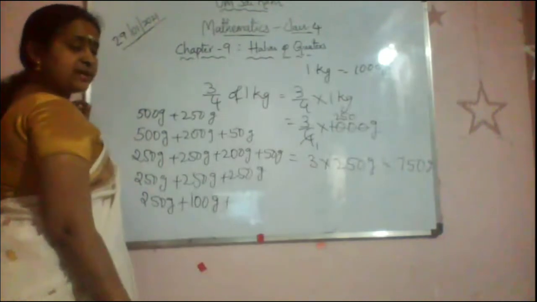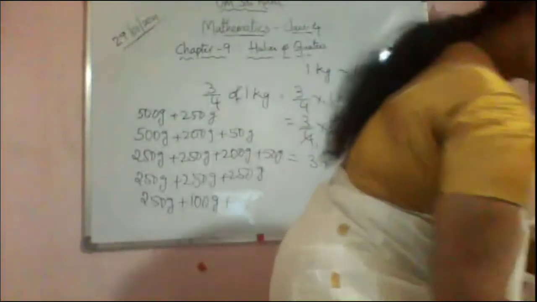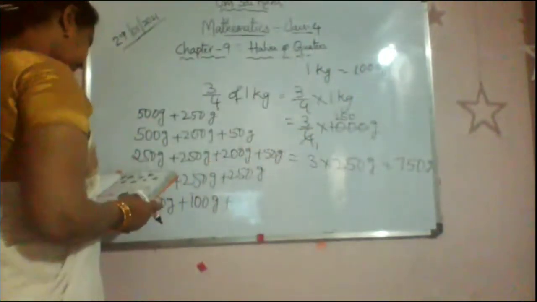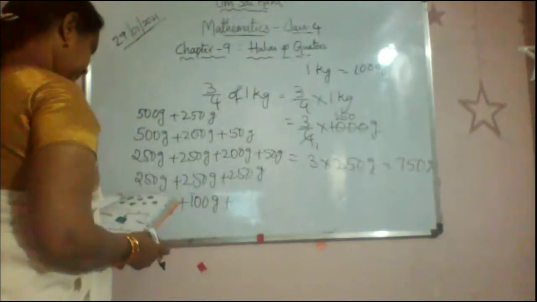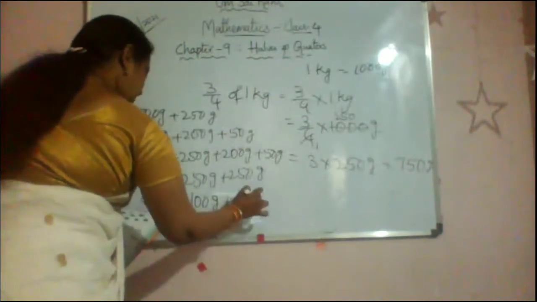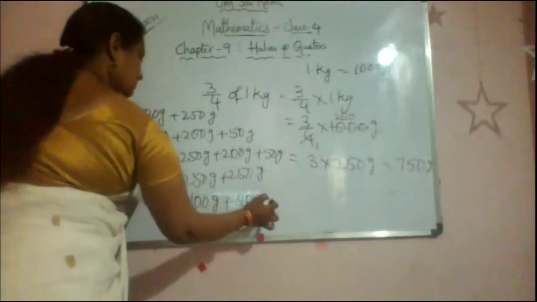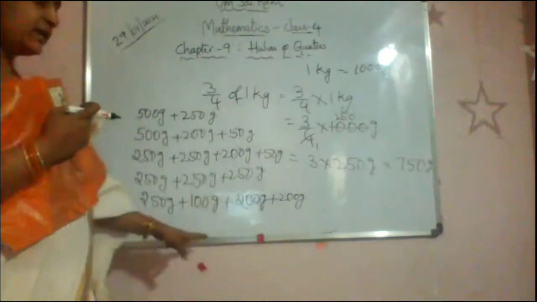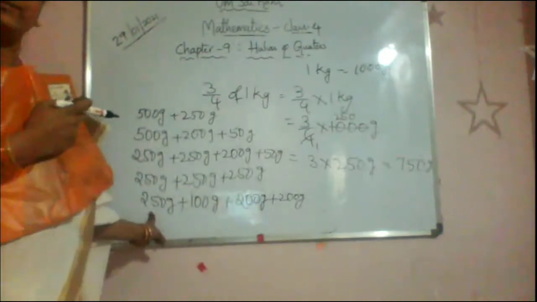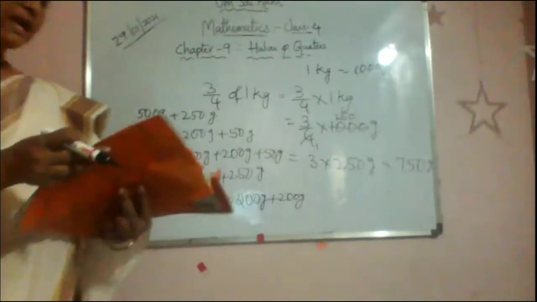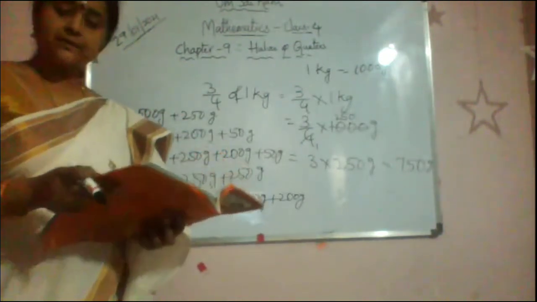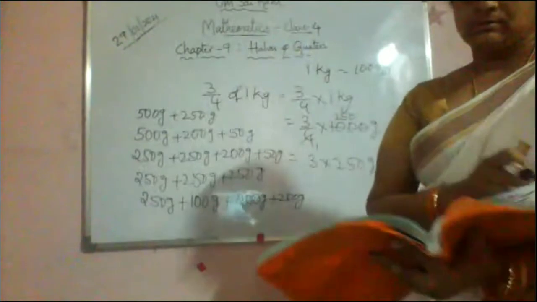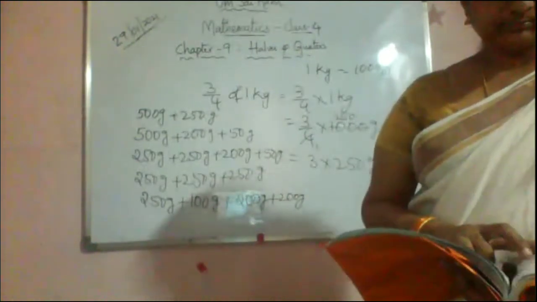How many 100s are given for us? Only one 100 is given for us. Then we have to use that one. So 200 grams, you can use here 200 grams. Now 200 plus 200, 400, 500 plus 250, 750. So like that, by using so many ways, we can make 750.